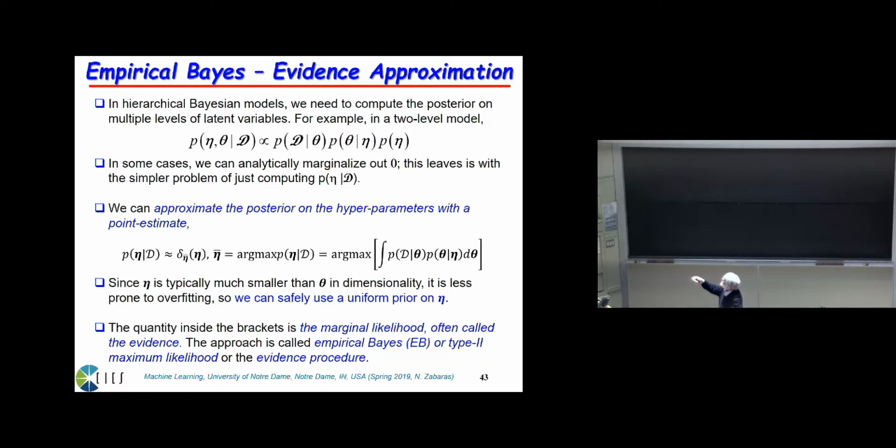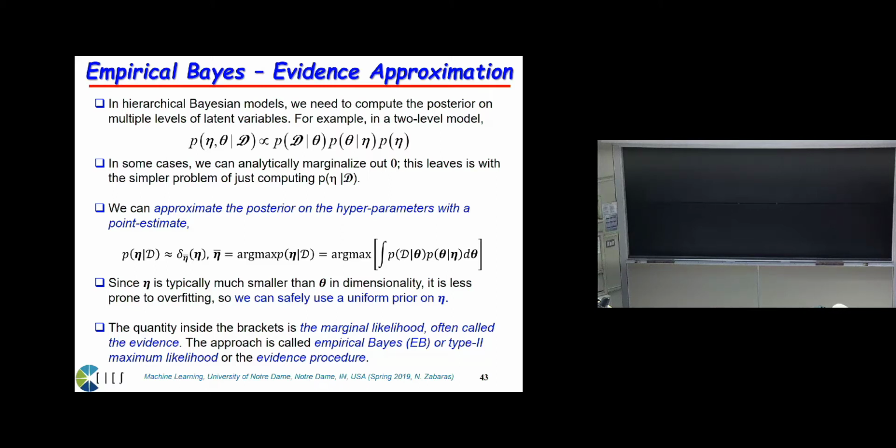So what you see here is the marginal likelihood, which is what we use for model selection. We integrate the parameters theta out, and so this is the evidence. Now we express the evidence as a function of the parameter eta, and the idea is to optimize this by computing the derivatives with respect to eta, where eta is the parameters alpha and beta, and then set the parameters to those fixed values.